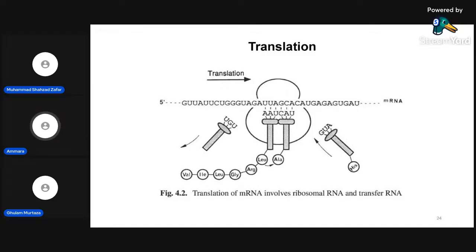Just like transcription, when does translation start and when does it stop? Here, just like in transcription, start codon and stop signals are involved in the formation of protein. When the transfer RNA finds the start codon, the start signal, it begins the formation of protein, and when it finds the stop signal, it stops the formation of protein.